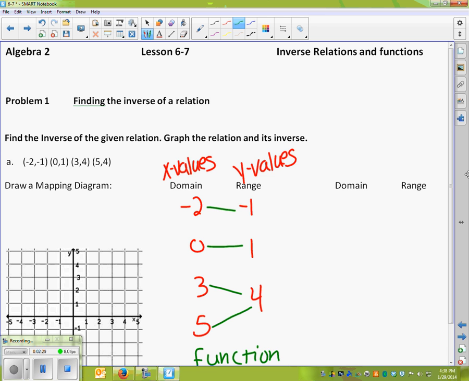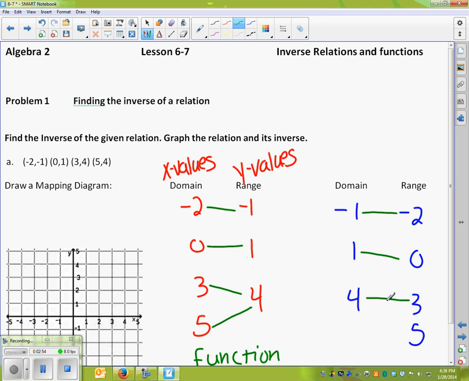Now let's do the inverse of this relation. Let's reverse the x and y's. My domain is now -1, 1, and 4. My range is -2, 0, 3, and 5. As I map this out, -1 with -2, 1 with 0.